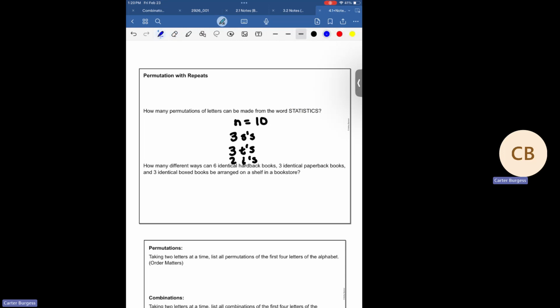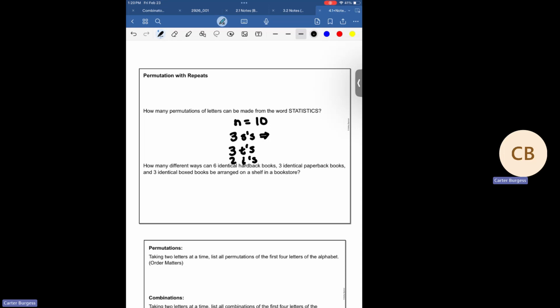How many ways do I have that I can shuffle for a particular string here? How many ways do I have that I can shuffle my 3 S's? 3 factorial, 3 times 2 times 1, because what's happening every time we fill a slot?